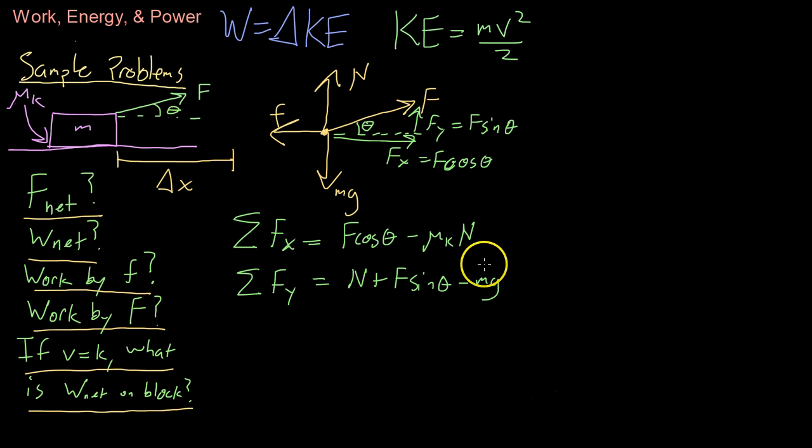Now, because the block isn't accelerating up or down, we know that the sum of the forces in the y direction is 0, or that the normal force equals mg minus F sine theta.